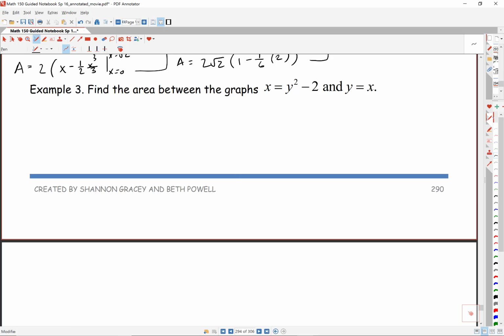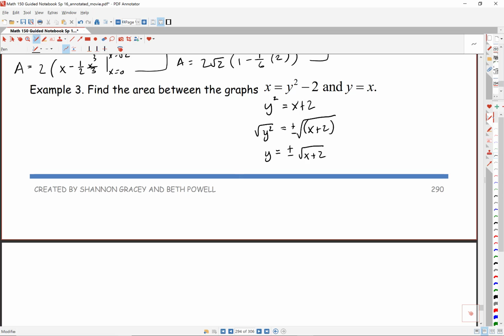We can write as y squared is equal to x plus 2. And when you take the root of y squared, you'd get plus or minus the square root of x plus 2. So y would be plus or minus root x plus 2.